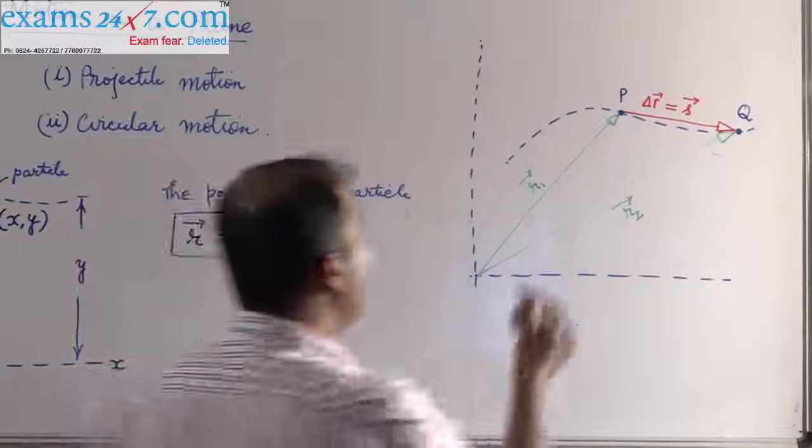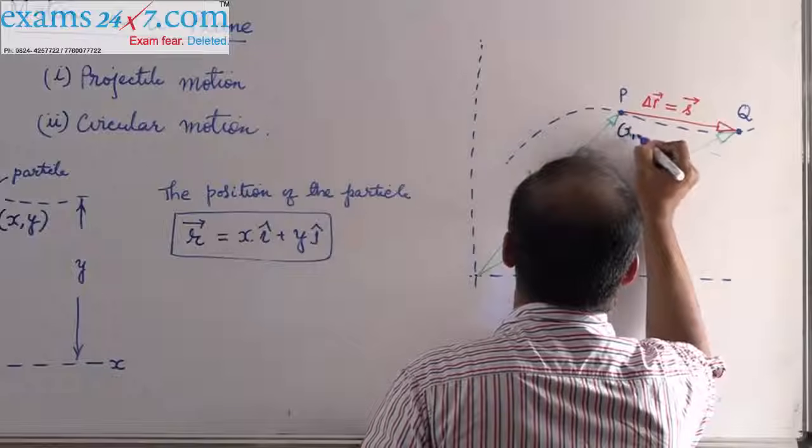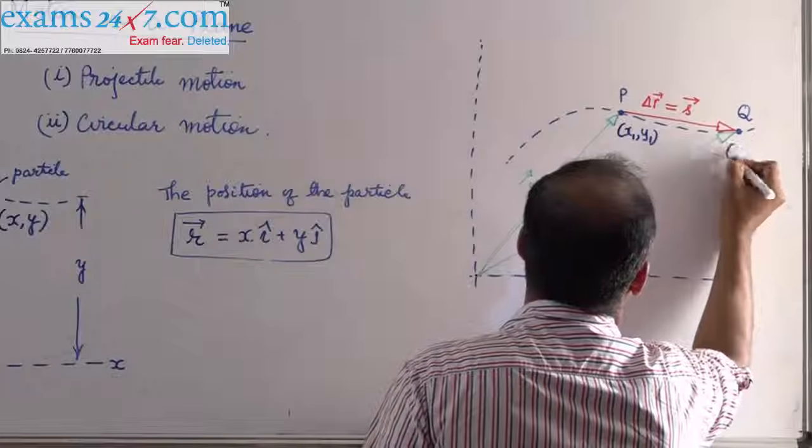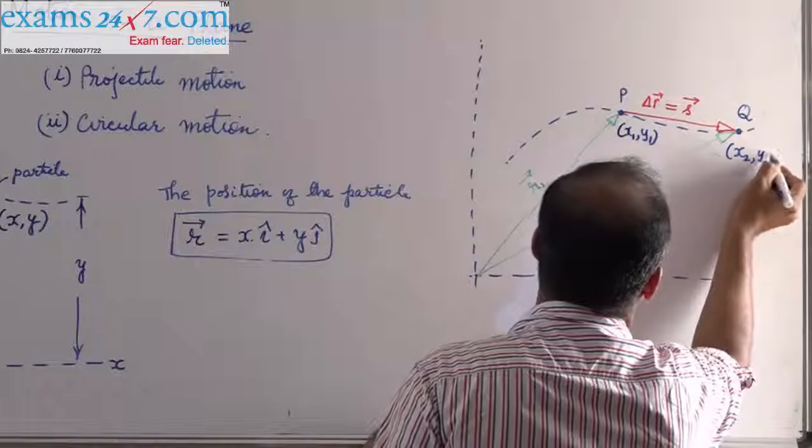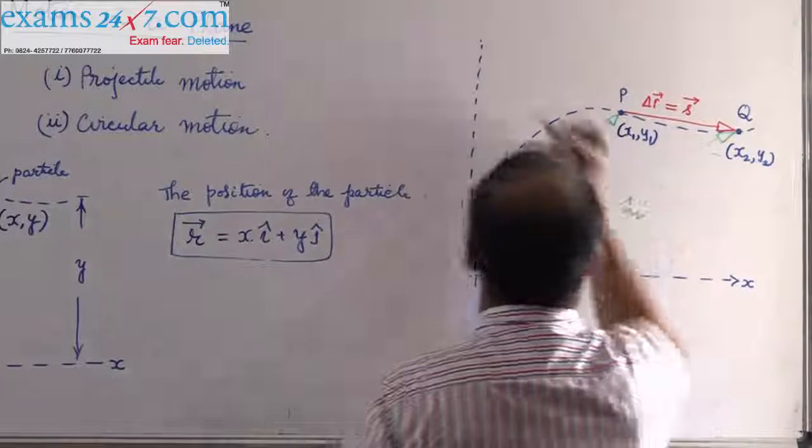You may see that P has the coordinates x1, y1, and Q has the coordinates x2, y2. Meanwhile, this is x and this is y.